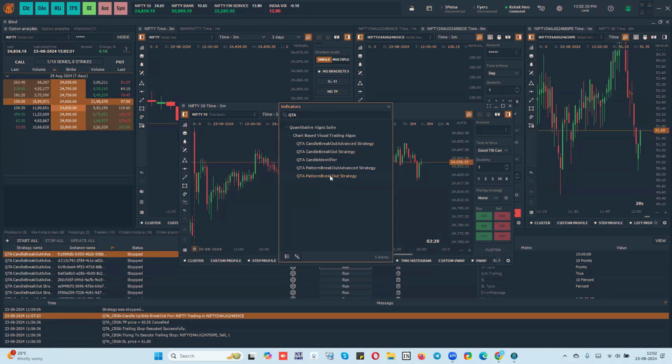So in this, you can create a chart pattern on your chart. Okay. And based on those patterns, the trade will execute. The execution methodology will be almost the same as we discussed today. Okay. Instead of candle, it will use the pattern. So patterns can be your trend line, the horizontal line, a particular range.